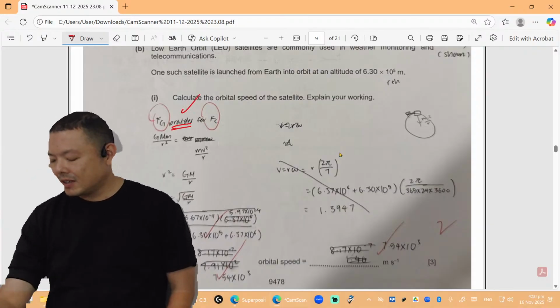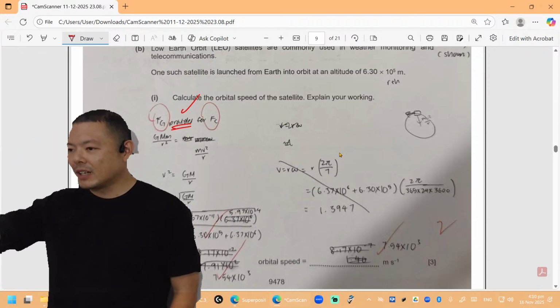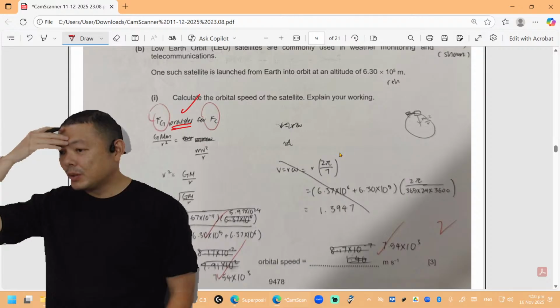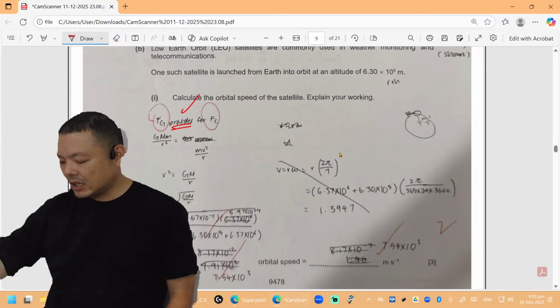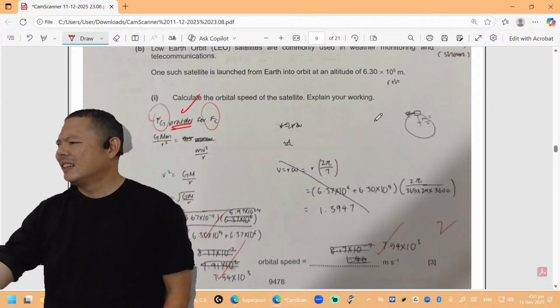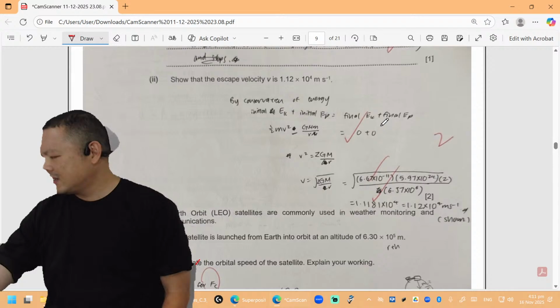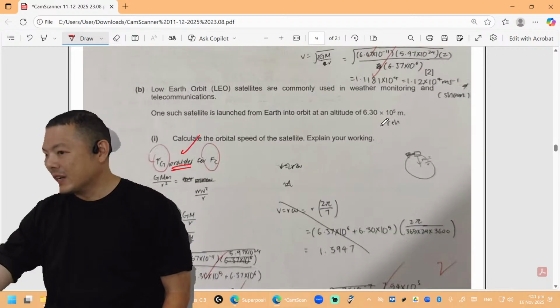Provide is okay. But like that, out of nowhere, lose one mark for nothing. Goodness. They're not giving you tough questions, but they're nitpicking on the small things. Oh, you have to write out in words, gravitation. Ain't nobody got time for that.